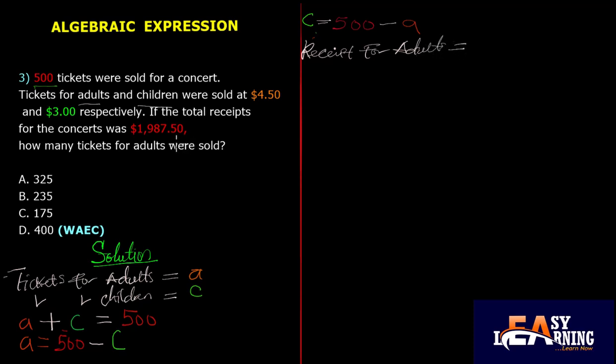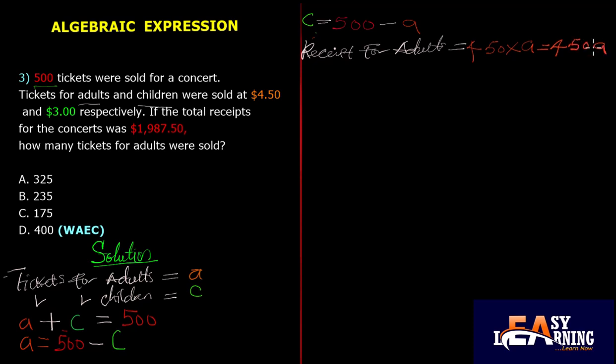And receipts for adults, we know that each of them pays $4.50. So it will be $4.50 times the total number that we are looking for, which is A. And when we multiply that, it's the same thing as saying $4.50A.